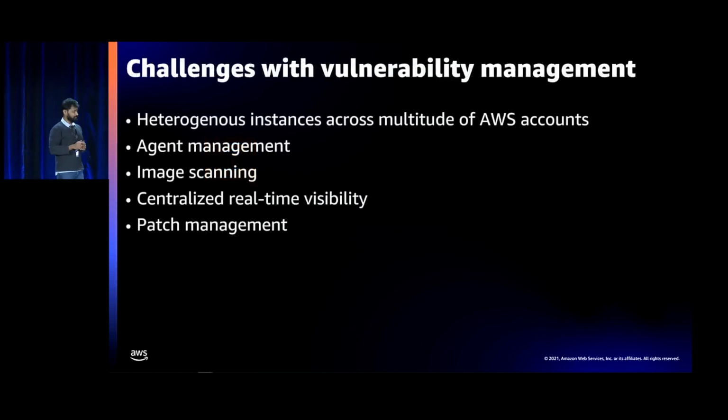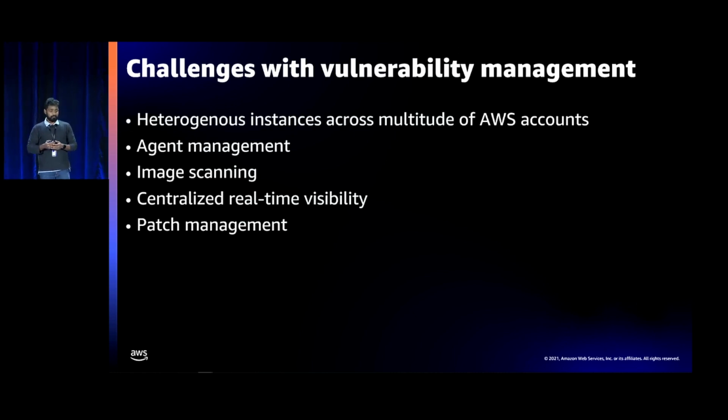Some of the challenges, these are some of the high-level challenges. A lot of you would resonate with these challenges because it's an industry-wide problem. So, heterogeneous instances. One of the big good points about cloud is it provides you the capability to spawn up instances that cater to your specific needs.